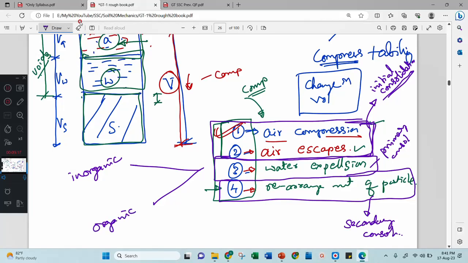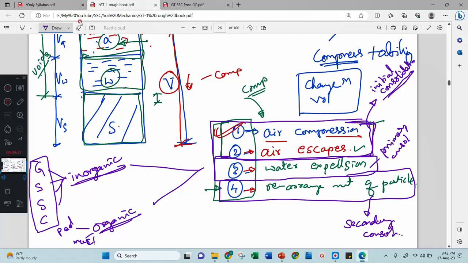Inorganic soil means most of the soil we use in civil engineering, that is, gravel, sand, silt and clay. These all are inorganic soil. But organic soil means we have peat and muck. These are all your organic soil.